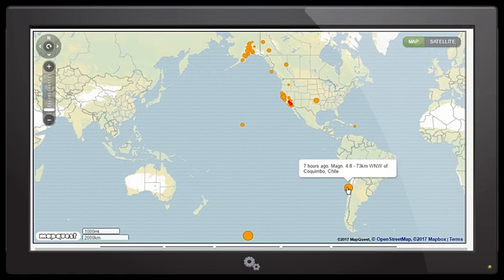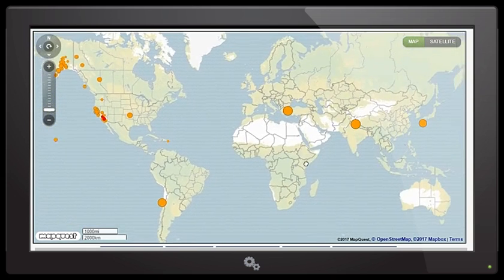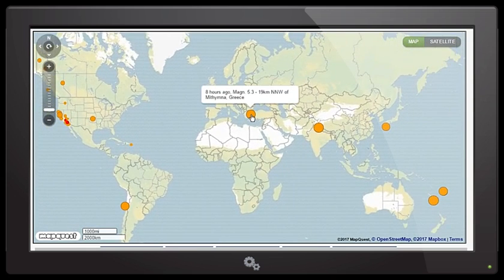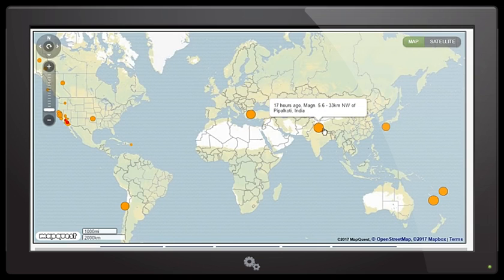Now, this is a 4.8 down in Chile. All of the earthquakes for the last several days are not on this particular map, but we're going to pan over to Greece. It has been having a lot of magnitude 5, 5.1, 5.2 earthquakes over the past several days. We're here in India, 5.6.